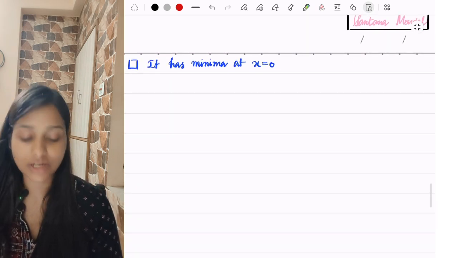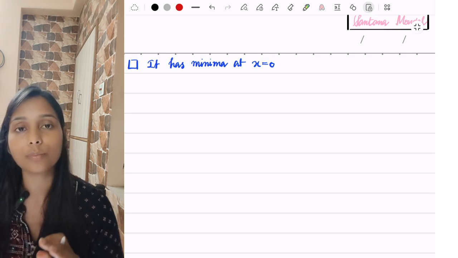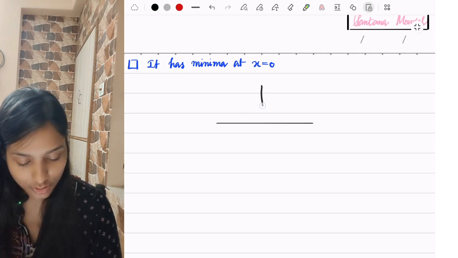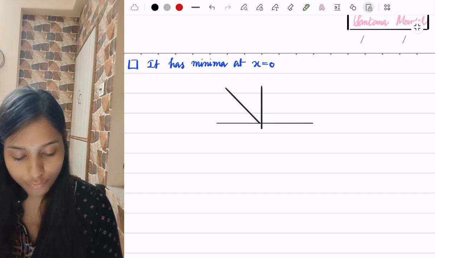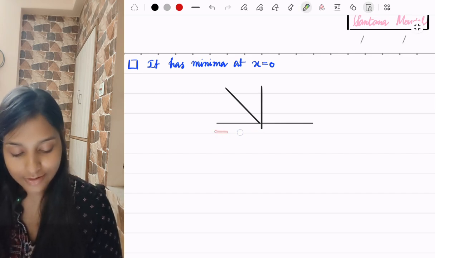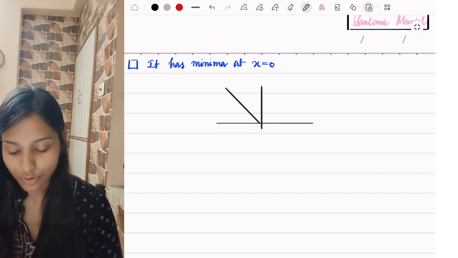Also, it has a minimum at x equals 0. It is again obvious from the graph, as the graph of this function has this kind of structure. If we go from minus infinity towards 0, it is decreasing, so it has the minimum value at x equals 0.